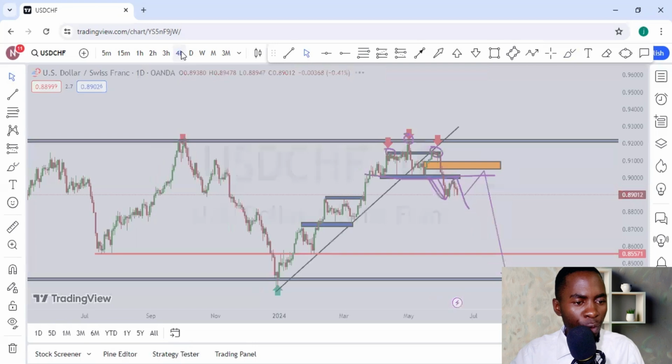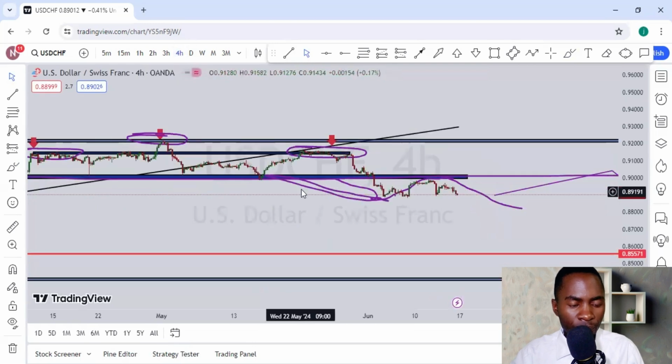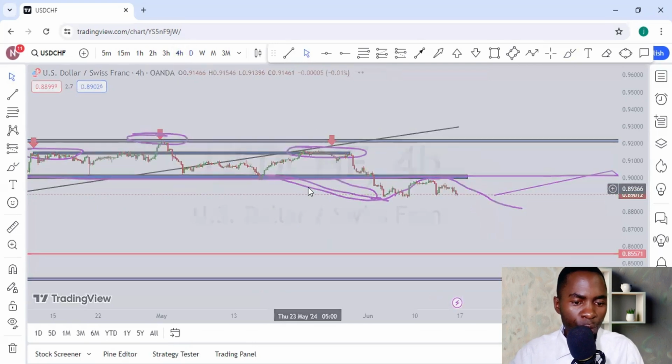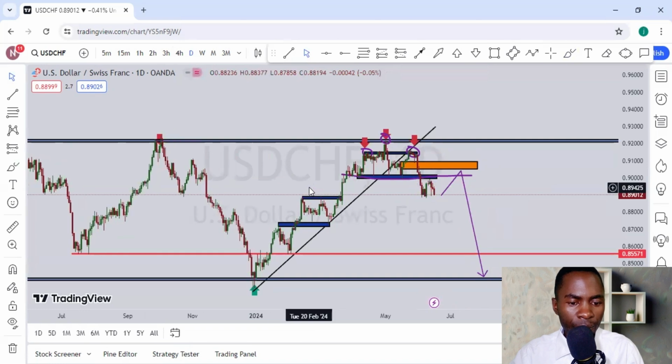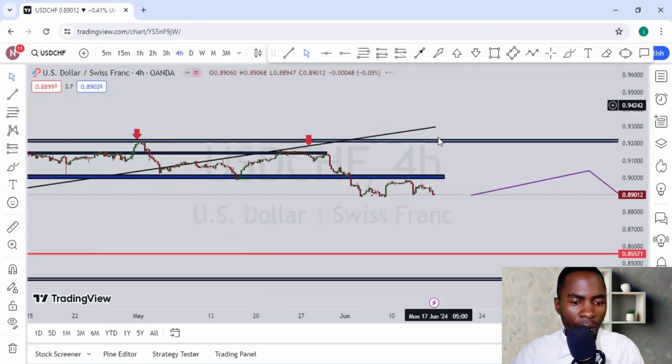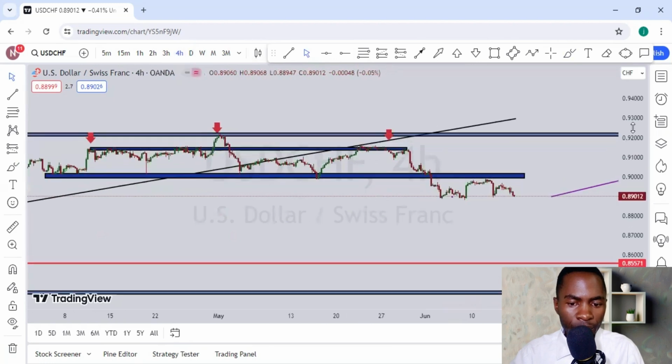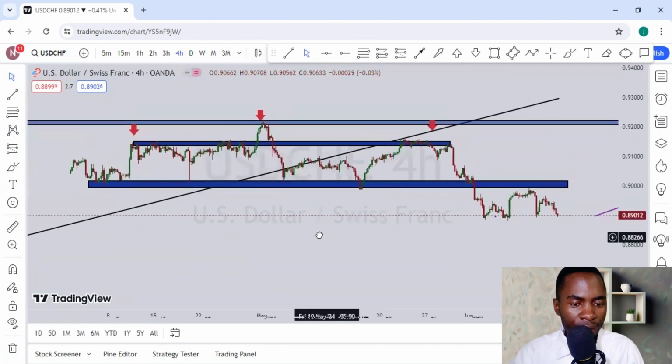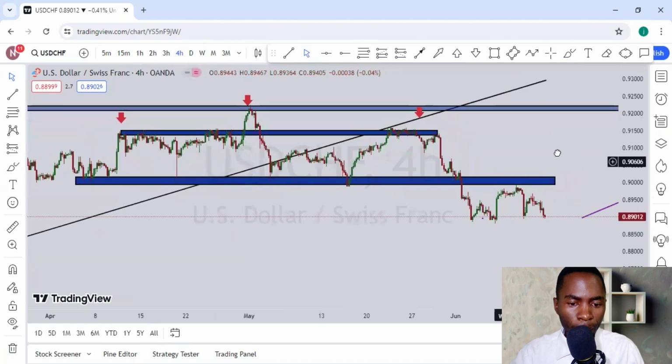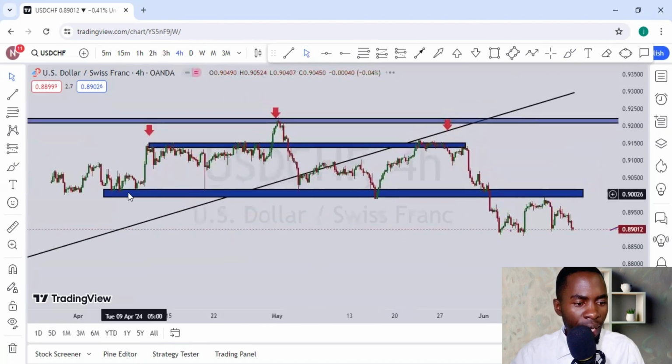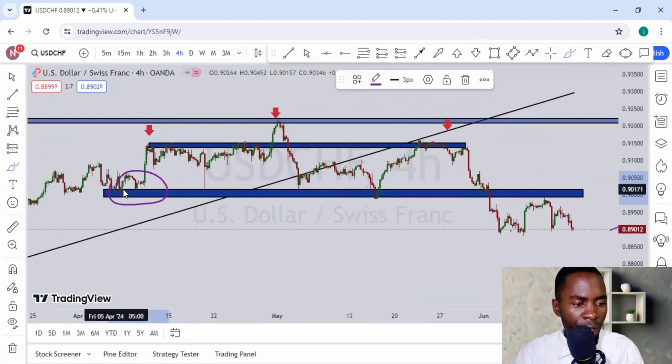So when I come to the 4 hour, let me first of all delete this level. Now, when I came to the 4 hour, you can see very clearly that this is a support. The market respected this support a couple of times, 1, 2, 3, 4, and broke on the fifth time.